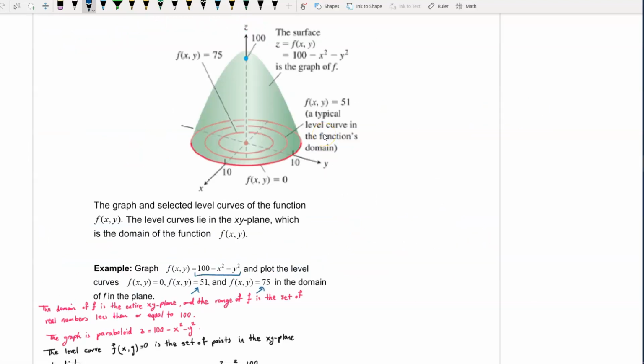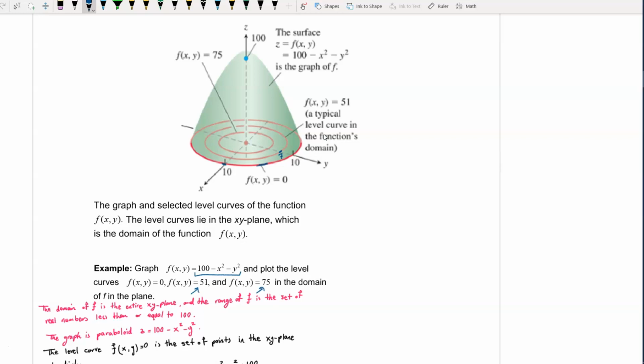So based on what we did on this part, here is our graph. Here is f of x comma y equal to 0, and this is when x squared plus y squared is equal to 100. This means the radius is equal to 10. So this is 10. And when we have f of x comma y equal to 51, our radius was equal to 7. So here we have 7.